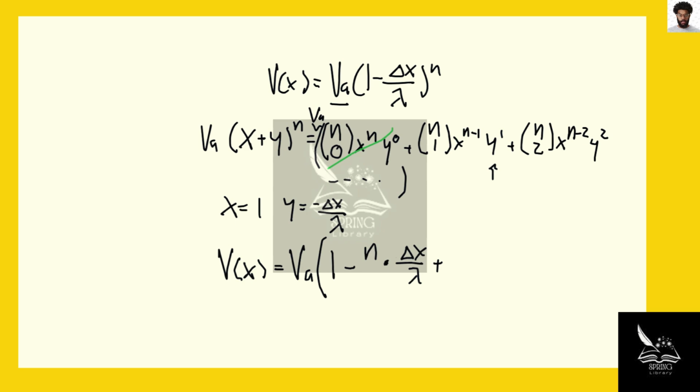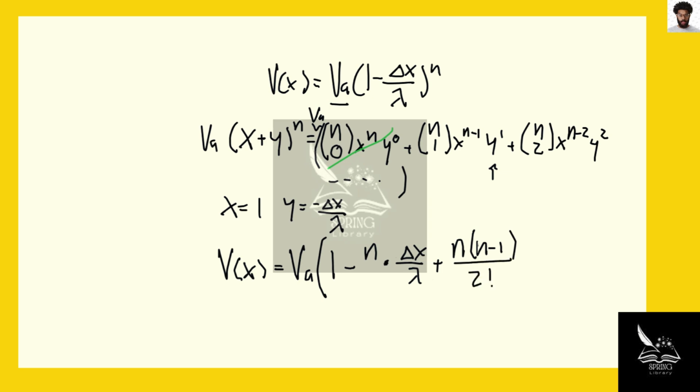N choose 2, however, is the number of ways you can choose 2 things from among n options. At this point, we have to expand n choose 2 into its actual formula, which is n times n minus 1 over 2 factorial.